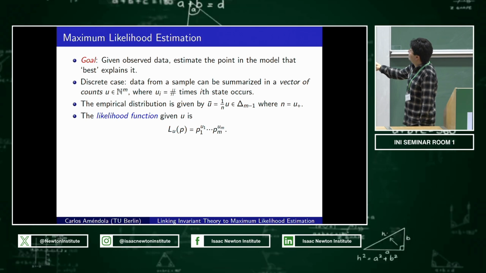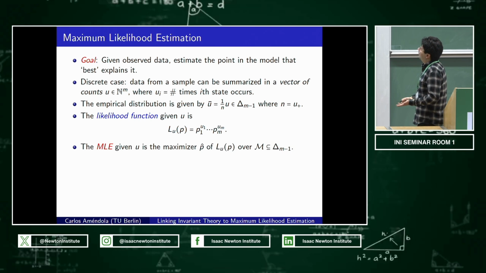Because everything is independent, if I observe state 1 u1 times, then I would get p1 to the u1, and everything multiplies until this one. So really the point here is, if we knew p, this gives us some likelihood of observing this particular u. But we don't know p, that's what we're trying to estimate.